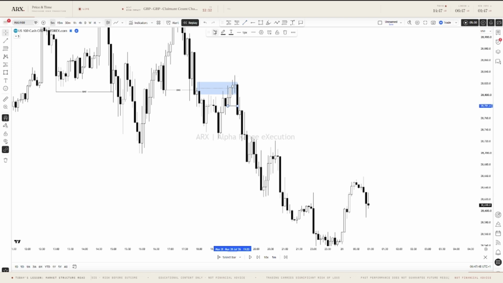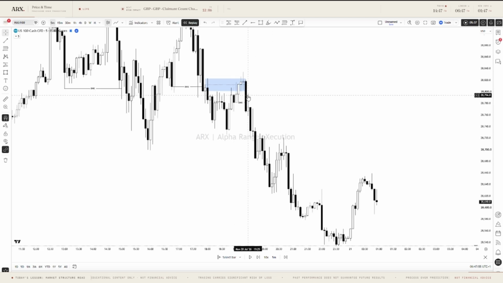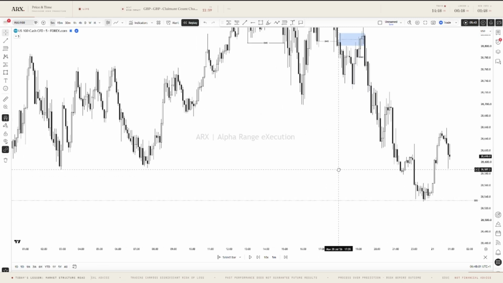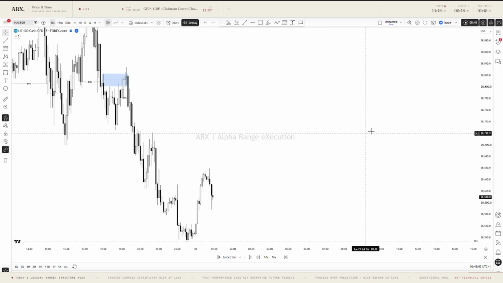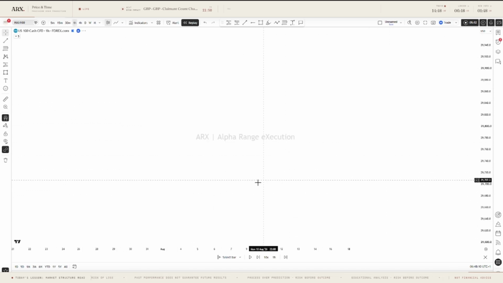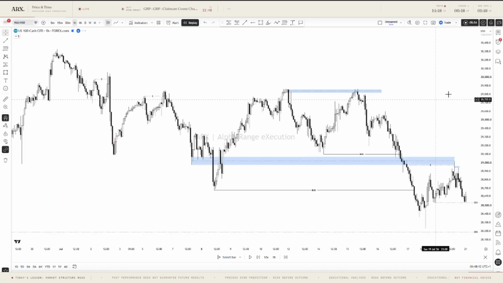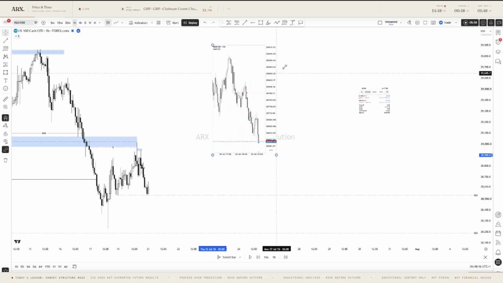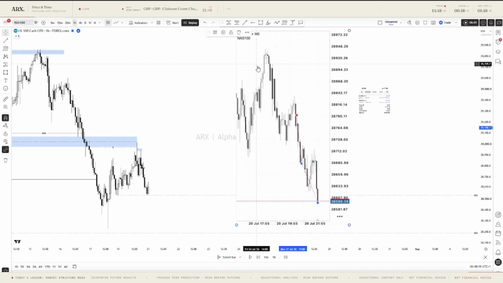Perfect. This is based on following the structure, so you need to see the breaks of structure all the time. And I jumped in on the next candle. This was my entry point and this was my target. Let me show you. Let me come here, it's better. There we go. So you have the entry point, on the 5 minutes as well.